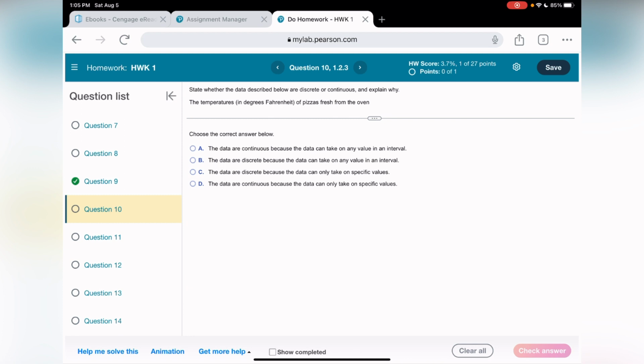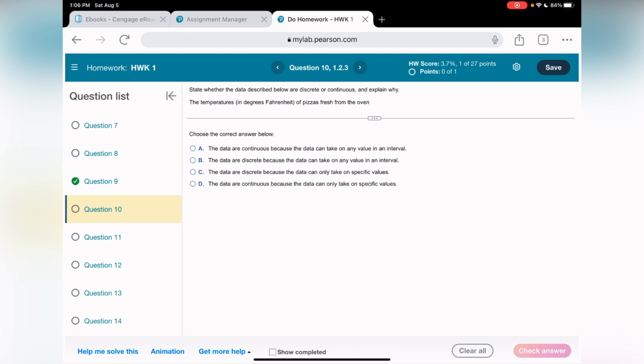What do we have? The temperature in degrees Fahrenheit of pizzas fresh from the oven. Since it's talking about temperature, evidently it's not going to be discrete, because I explained that temperature is continuous. You can't measure every second, every possibility of temperature. So for me, it's continuous.